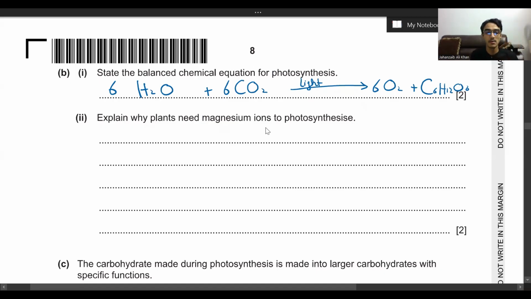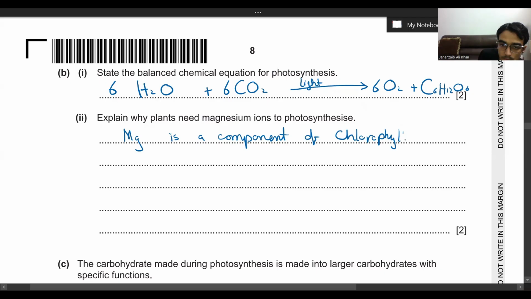Explain why magnesium ions are required for photosynthesis. Magnesium, if you remember correctly, is a component of chlorophyll. And what is the role of chlorophyll?